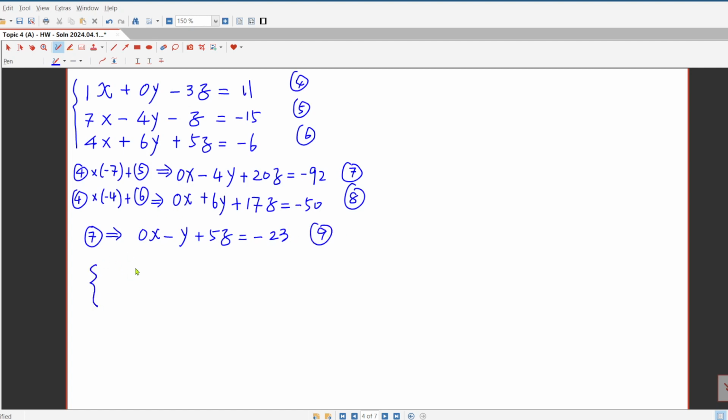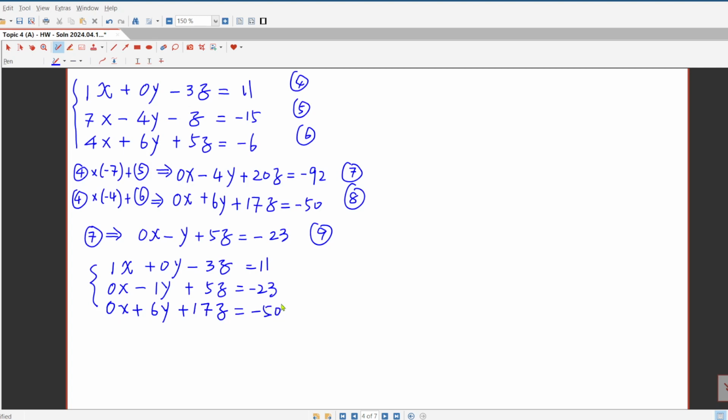Therefore, we actually have a new system, which is equivalent to the original one, which is 1x plus 0y minus 3z equals 11, and then 0x minus y, or -1y, plus 5z equals -23, and then 0x plus 6y plus 17z equals -50, right?